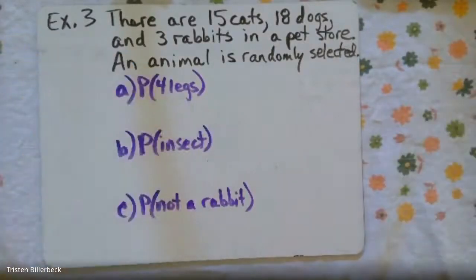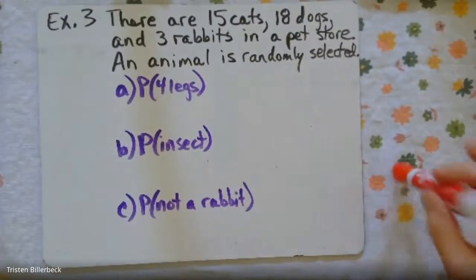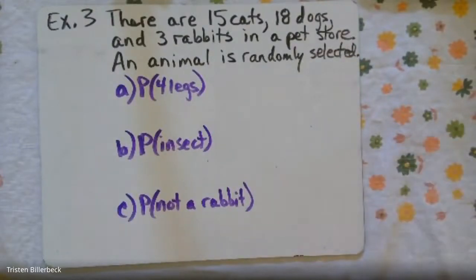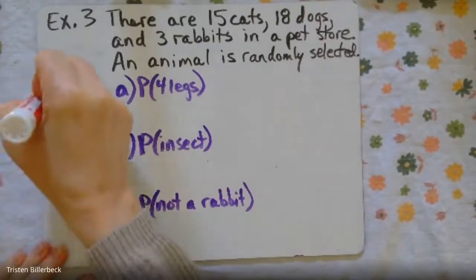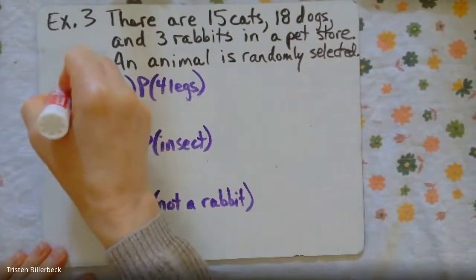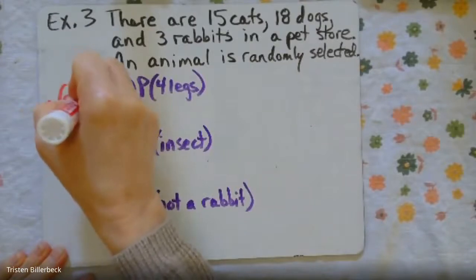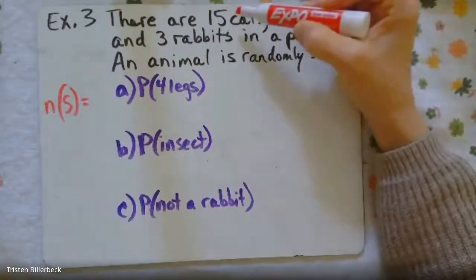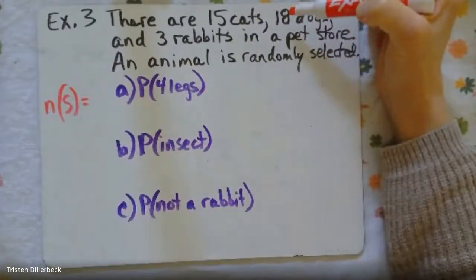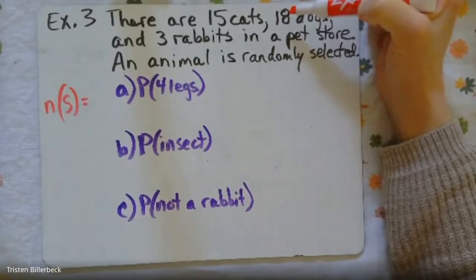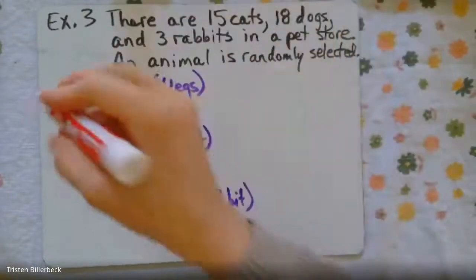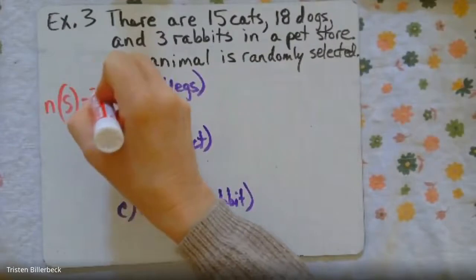What is the probability that the animal has 4 legs? All right, so first let's count up all of our sample space. So we have the number of samples. So we have 15 plus 18 is 33, plus 3 is 36.